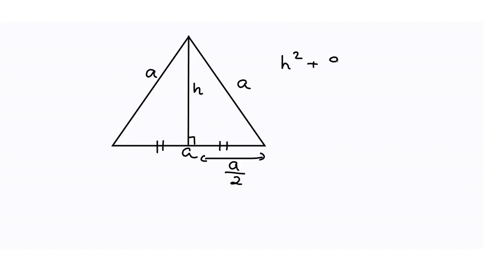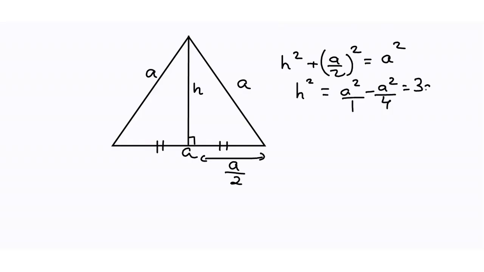H square plus A by 2 square, perpendicular square plus base square, is coming as hypotenuse square. So height square is equal to A square minus A square by 4. We'll take the LCM, 4A square minus 1A square. So we'll get 3A square by 4. So height is coming as the under root of this, so root 3A by 2.